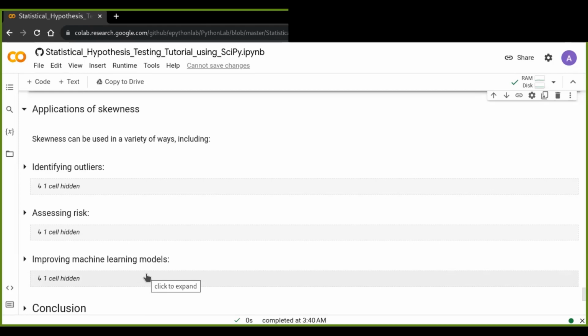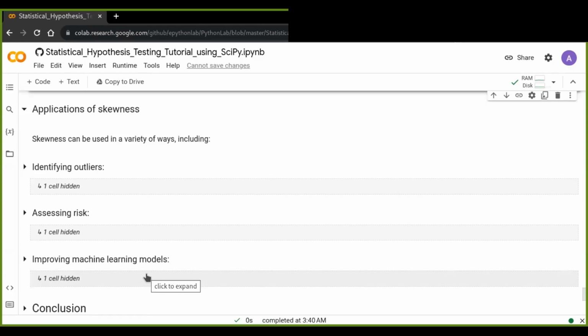So overall, skewness is a valuable tool for understanding and describing data distributions. It can be used in a variety of applications, including identifying outliers, assessing risk, and improving machine learning models.